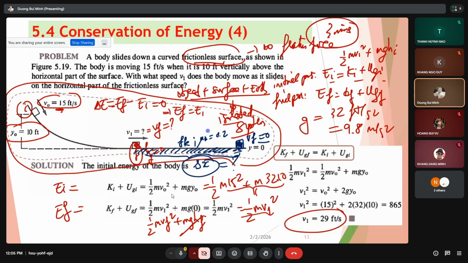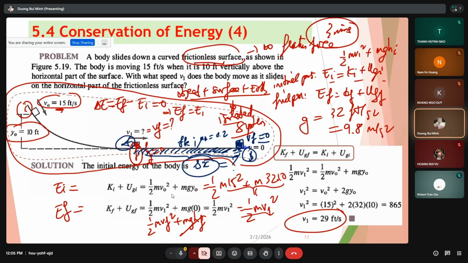What is the maximum distance from point A to point B such that the object is stopped? Can you get delta x?